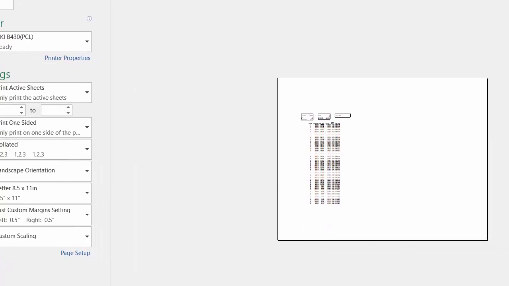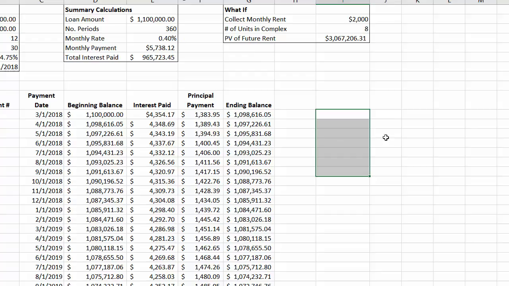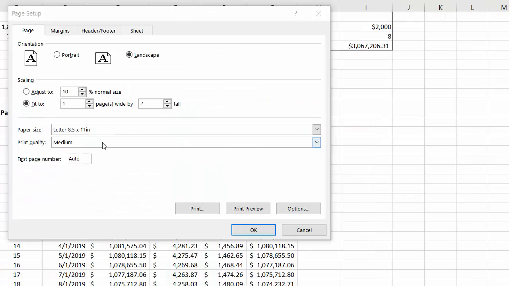If you can see that, go back, I must have some kind of fit to one page there. So I'll do this adjust to, let's make it, say 90%. 95 is fine.